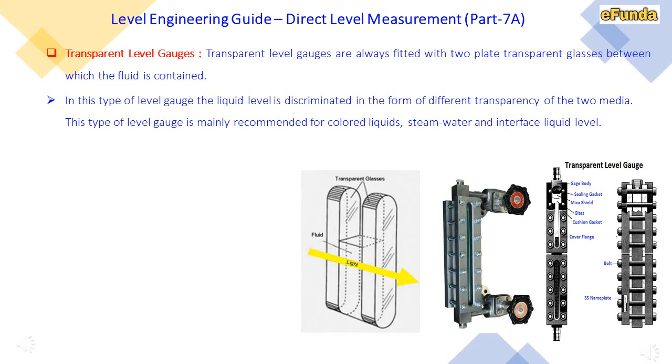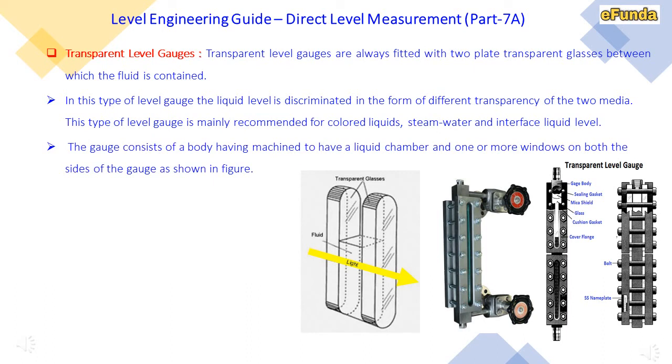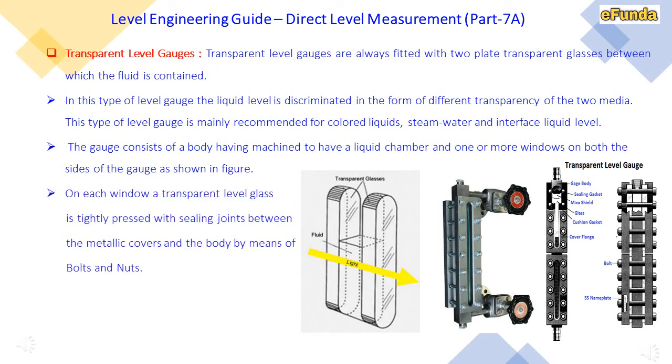The gauge consists of a body machined to have a liquid chamber and one or more windows on both sides of the gauge, as shown in the figure. On each window, a transparent level glass is tightly pressed with a sealing joint between the metallic covers and the body by means of bolts and nuts.